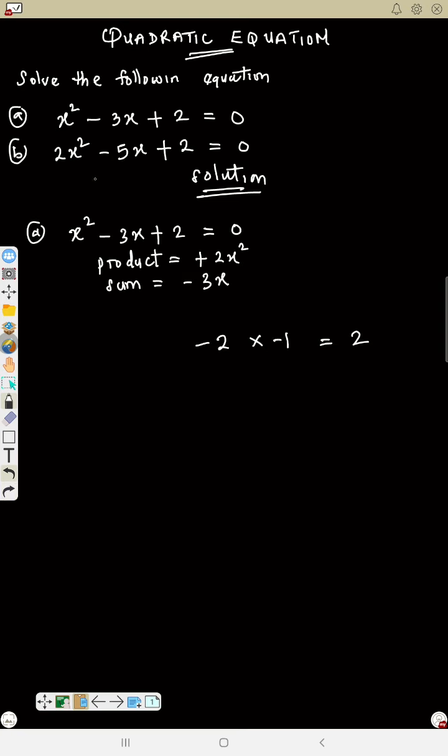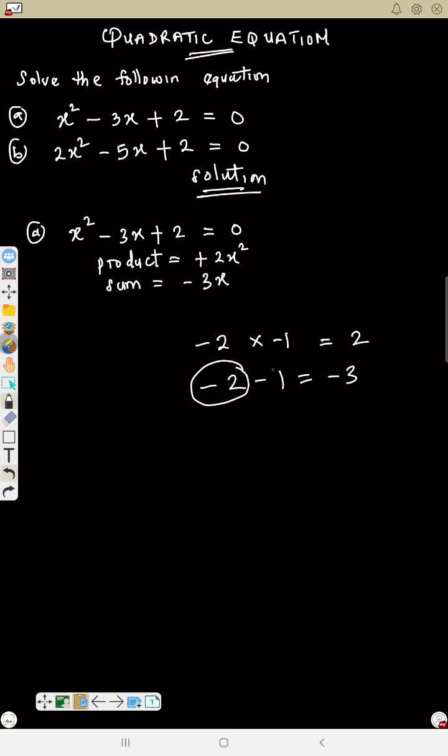But remember the first one, when we have plus here and we have minus here, I said put minus in the smallest number. So remember, now minus times minus will give you plus. So that means we can say minus 2 times minus 1 is 2, and minus 2 minus 1 is minus 3.